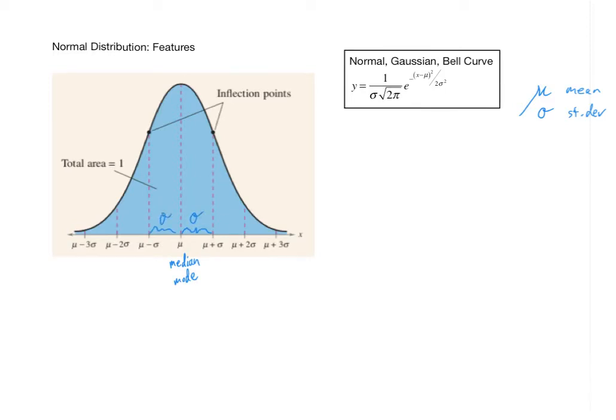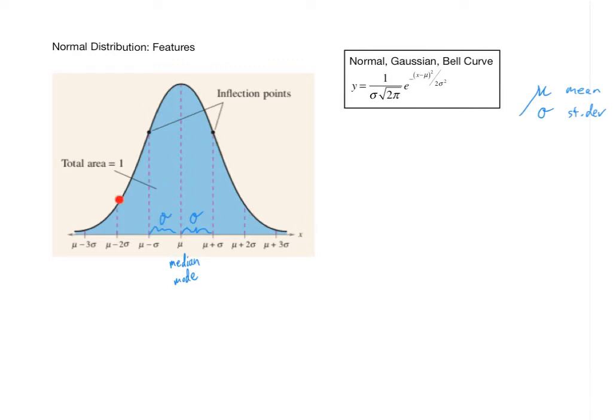It's just sigma in the other direction. So mu minus sigma gives you that data value. Mu plus sigma gives you this data value. Once this distance sigma is fixed, you could then get out to mu plus 2 sigma and mu plus 3 sigma, or the other way, mu minus sigma, mu minus 2 sigma, mu minus 3 sigma. You will soon see that we are going to be very interested in finding area underneath the curve.